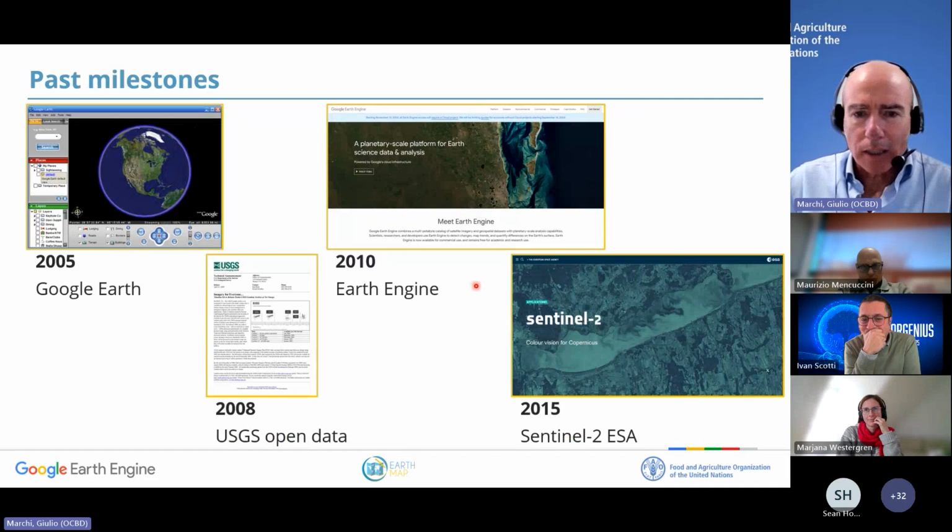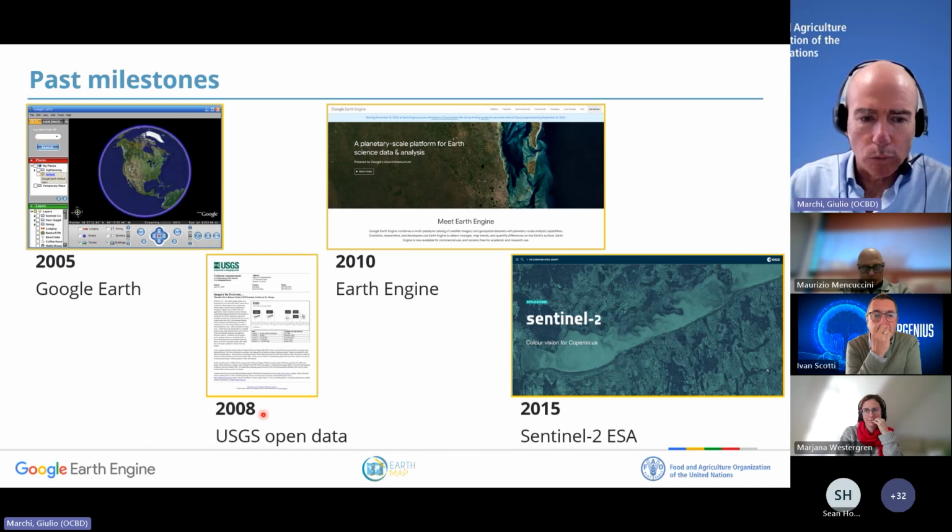For example, we can see these main milestones in the last 20 years, ranging from the release of Google Earth. That was really a groundbreaking tool for everybody, bringing at that time, with the initial version, the Landsat imagery into the hands of everyone.